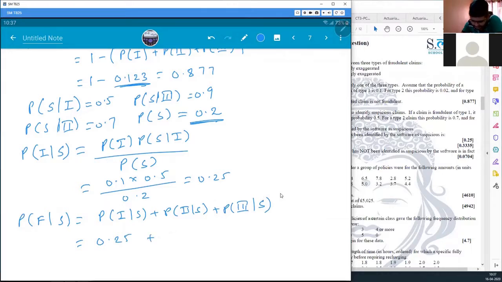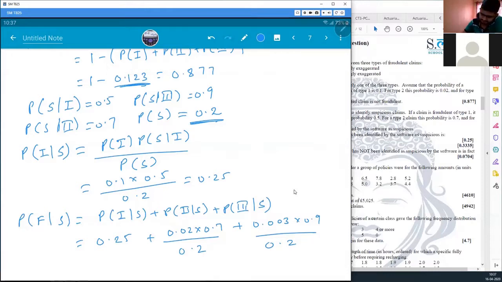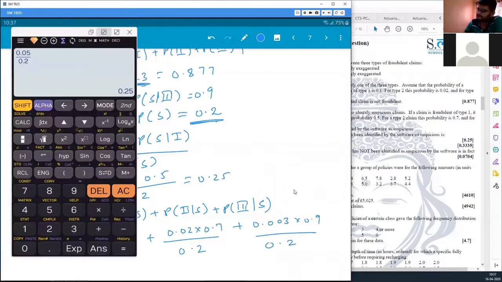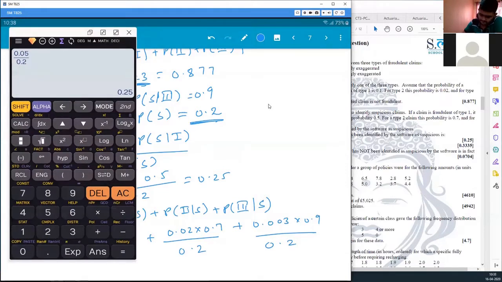All we need is our 0.02 into 0.7 plus 0.003 into 0.9, plus the 0.25.